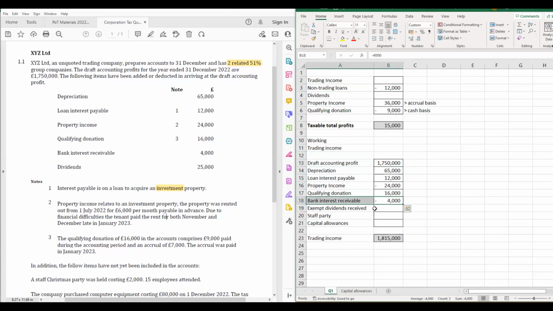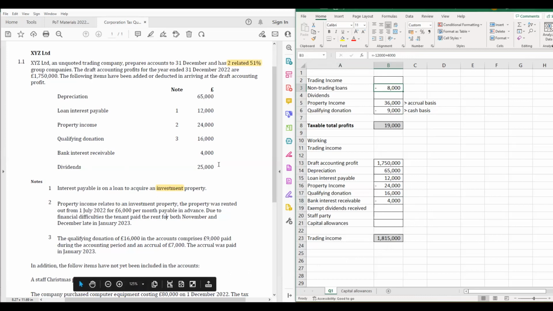So we've removed it from there. Now, for our non-trade loan box, we need to have income of £4,000 to get a total non-trade loan relationship of £8,000 cost, or negative 8,000, because you had a cost of 12 and income of 4. So again, that's almost like a mini income expenditure for your non-trade loan relationships.